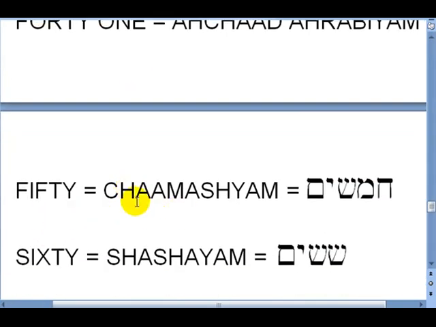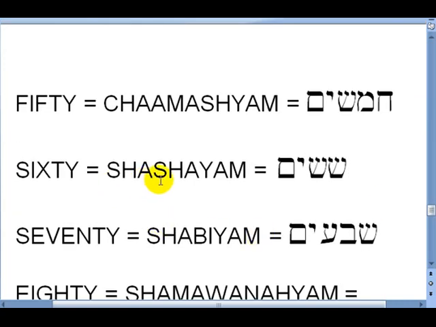Then you get to 50. 50 is Chamash yum, and then you would just put the 1 in the beginning to make it 51. Akad Chamash yum, Shanya Chamash yum, Shalash Chamash yum. Alright, so that's 51, 52, and 53. Alright, 60 is the same thing, Shashayim. Shashayim is 60, Akad Shashayim would be 61.